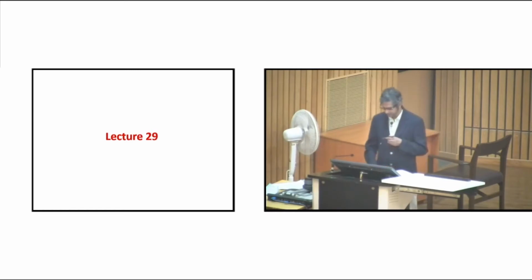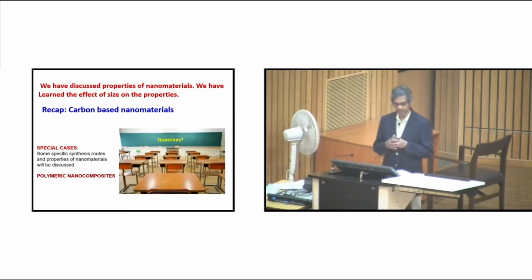So in this lecture, we are going to talk about polymer nanocomposites. Over these 28 lectures we have discussed various aspects of nanomaterials. We learned the effect of size on the various properties, and we also tried to understand the nanostructure and how it is correlated with the properties of the nanomaterials.